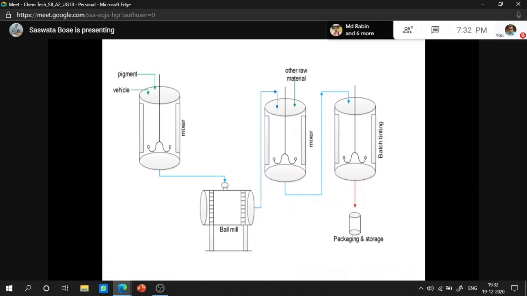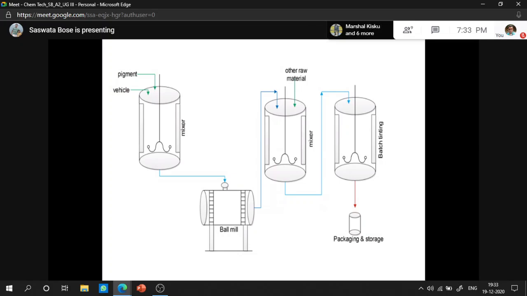The basic operation in the manufacture of paint is the dispersion of pigment particles. Generally pigment particles are mixed with extenders, and then it is fed. Only pigments are not fed; they are mixed with extenders in a medium, here mentioned as vehicle.